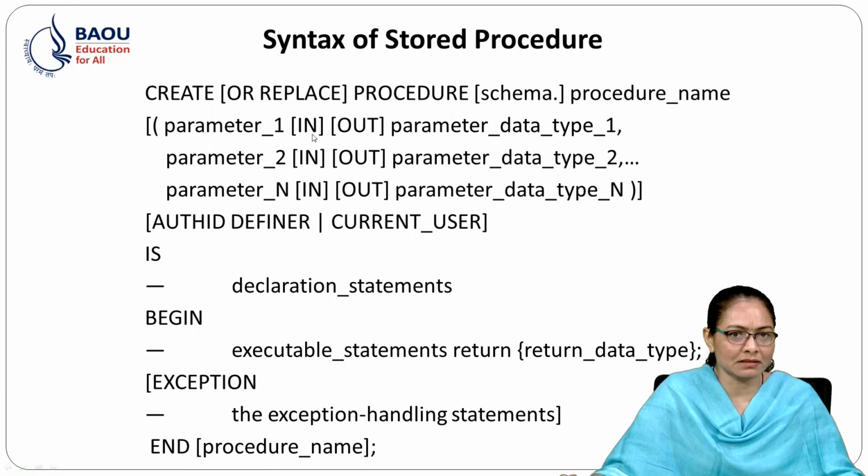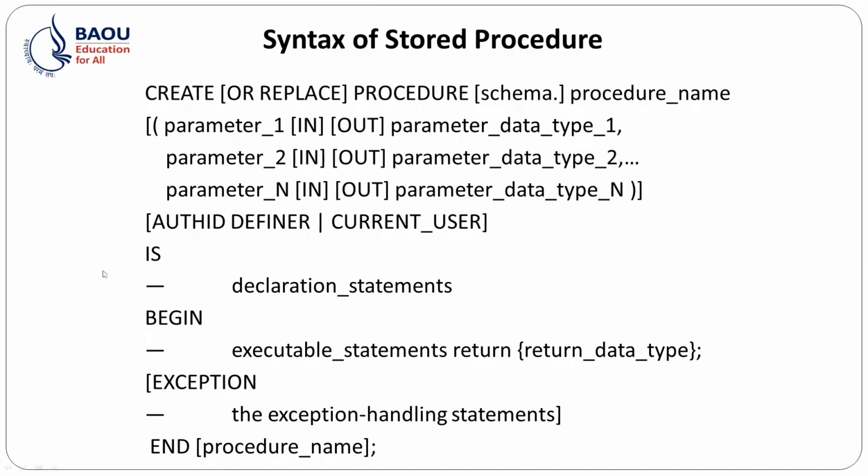Parameter means like a variable. If we declare the variable, it is the same as a parameter. After that, this one is the specification part, and after that is the keyword IS, up to the END keyword is the body part. This one is the body part and this one is the specification part.